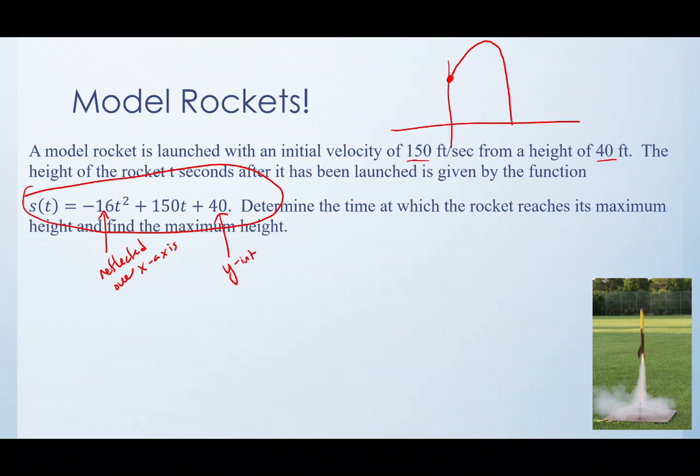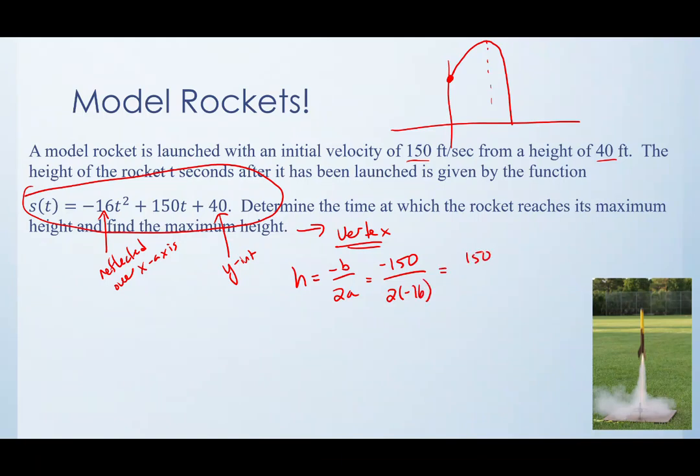There we go. So what is the time at which the rocket reaches its maximum height, and find the maximum height? Well, where is that going to be? Max height is going to be at the vertex. So this question is really asking you to find the vertex. So what is our h location, our x location of the vertex? Negative b over 2a. So negative 150 over 2 times negative 16.